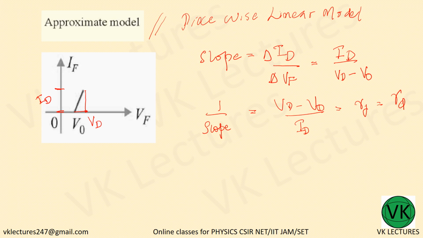So from the graph we can find out RD, that is the peculiarity of this approximate model. In the other two models, the simplified model as well as the last one, what was it?